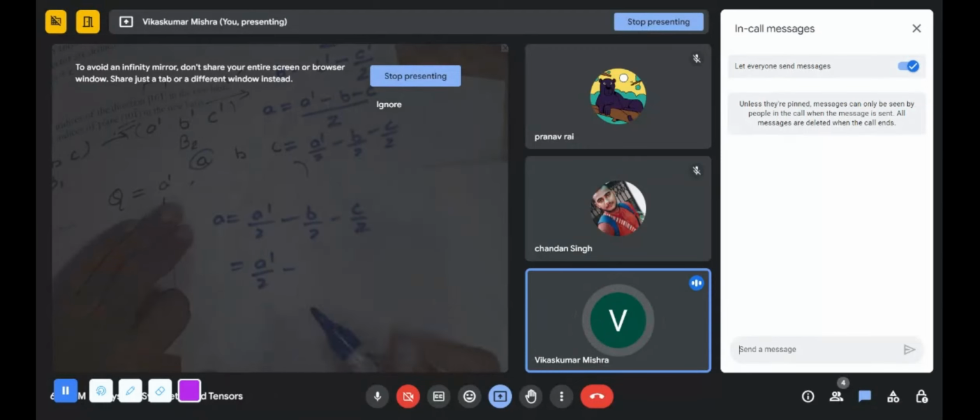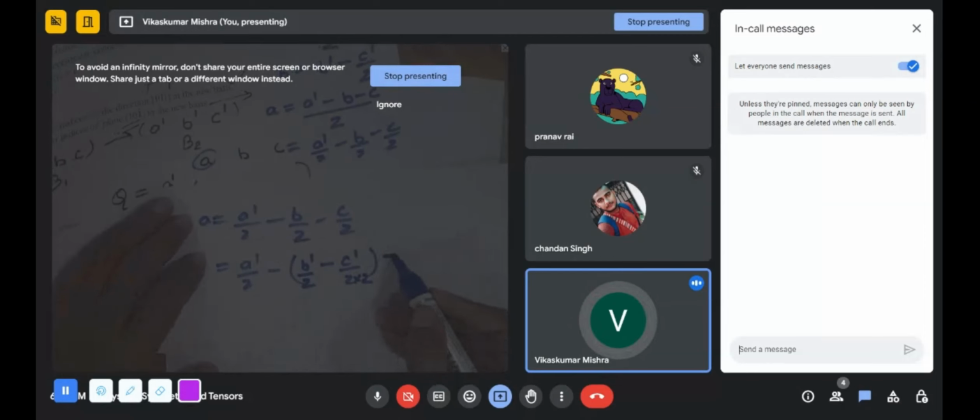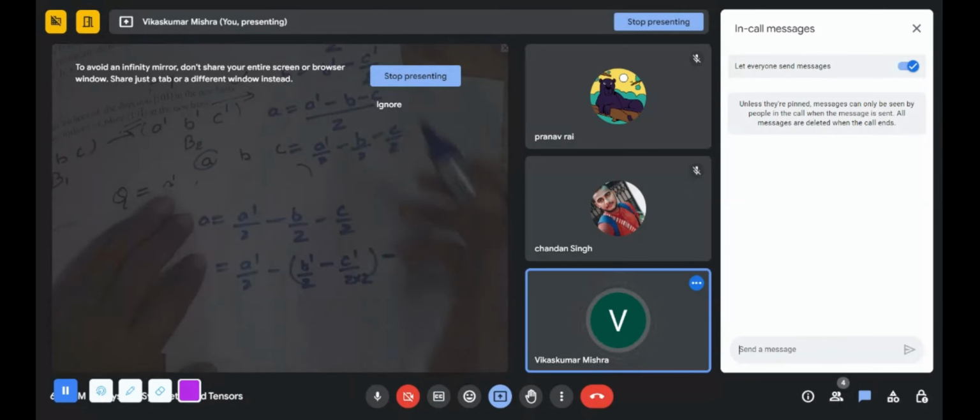B dash minus C dash over 2, half of this entire thing. Minus C by 2, and C is C dash by 2, so C by 2 will be C dash by 4.